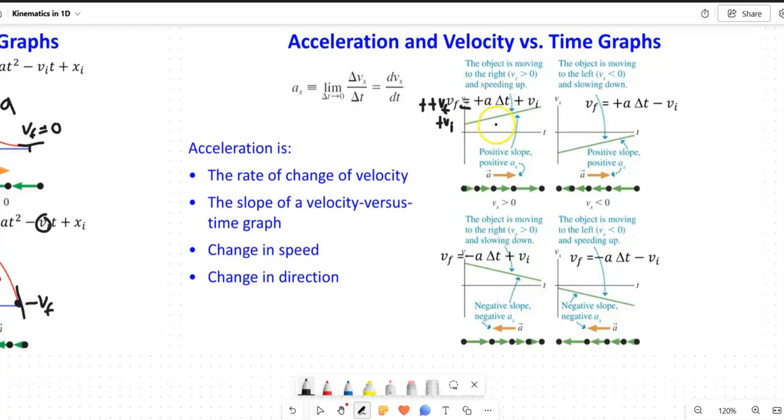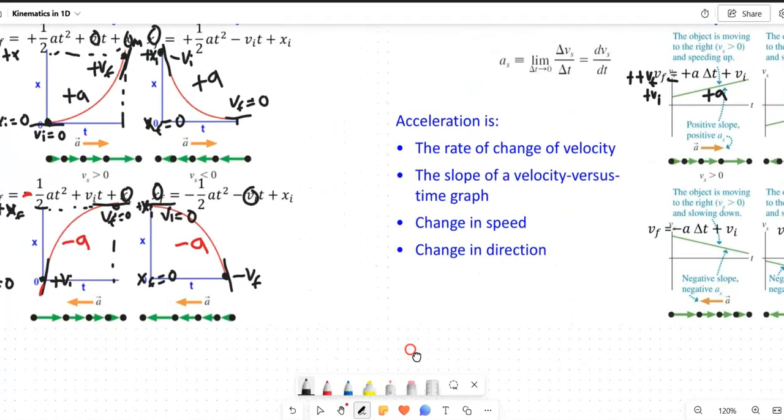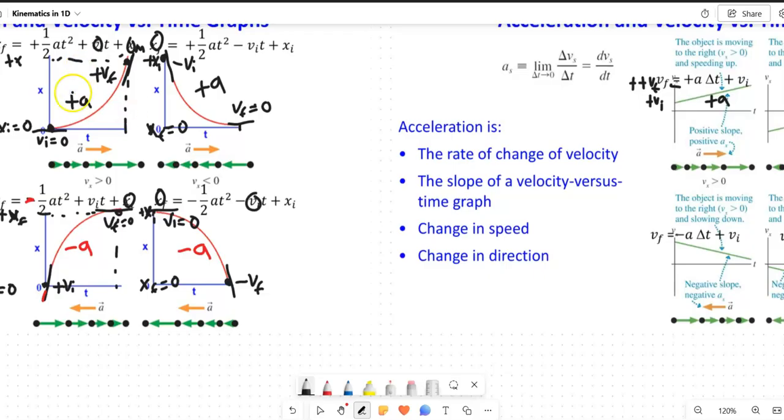So the slope of this line is your acceleration. Okay, so if you start off moving 1 meter per second, later on moving positive 2 meters per second, well, that acceleration is positive. That means you've got a positive velocity, you're moving to the right, and you're speeding up as you're moving to the right. So this velocity versus time graph corresponds to this position versus time graph.